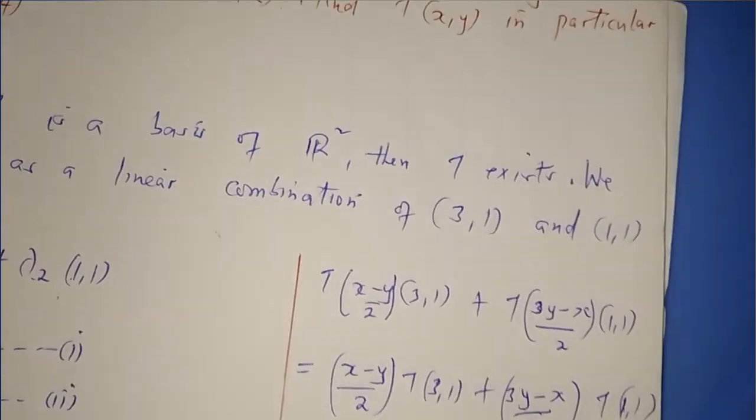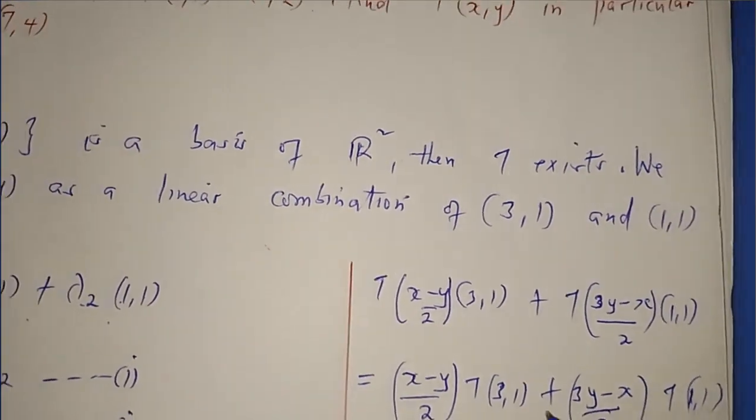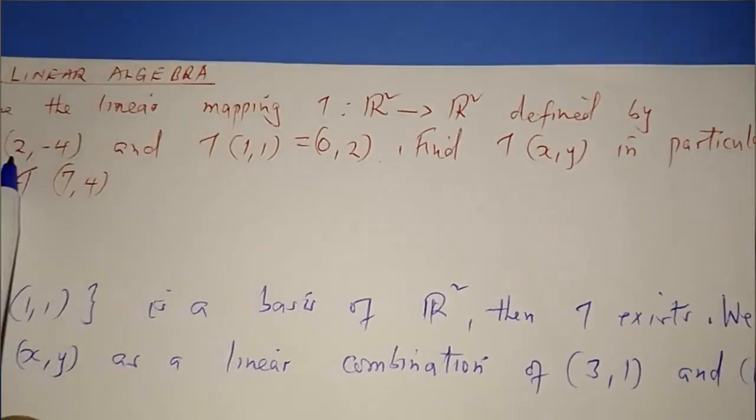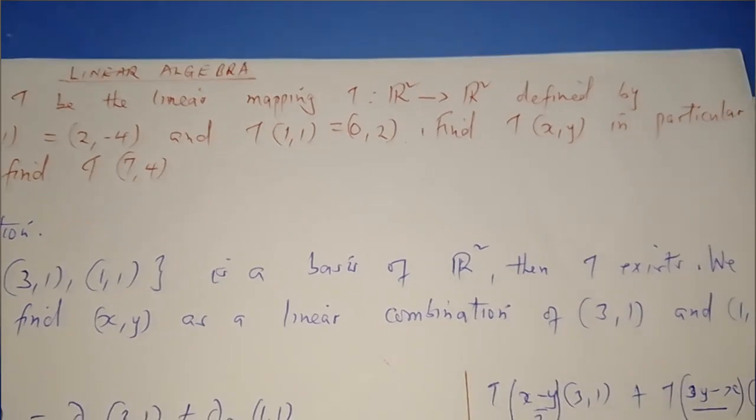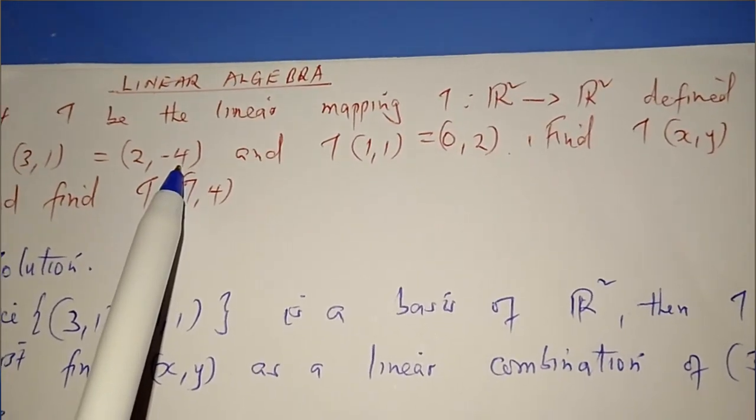After that point, from the question, T(3, 1) is equal to (2, −4).